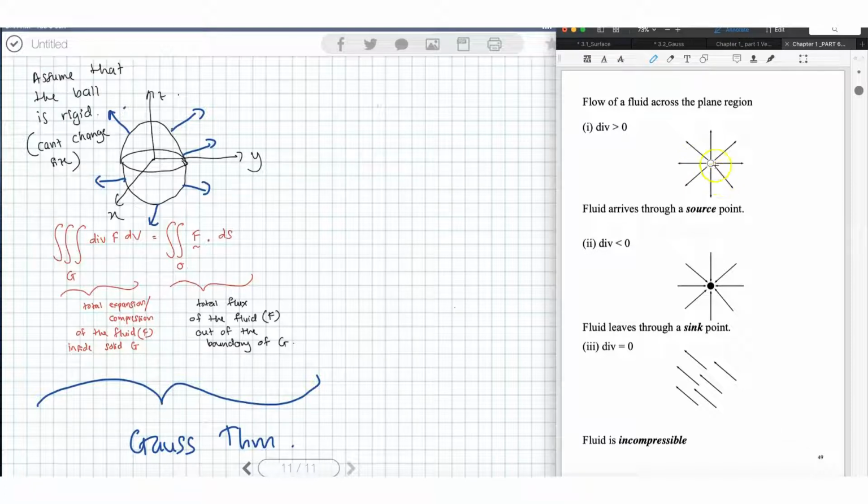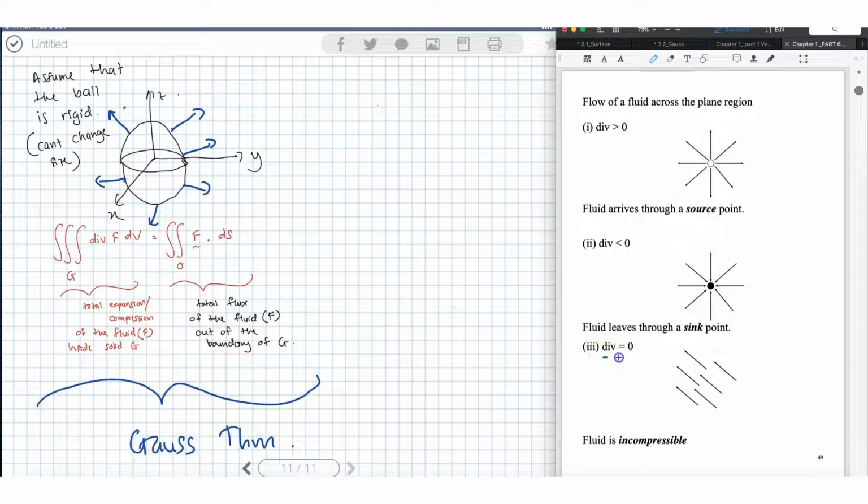That is called a source point. But if the divergence is negative, meaning it converges, then we have a sink point.